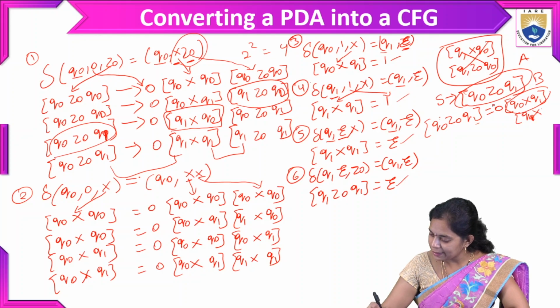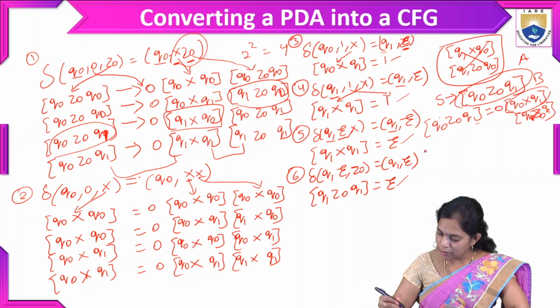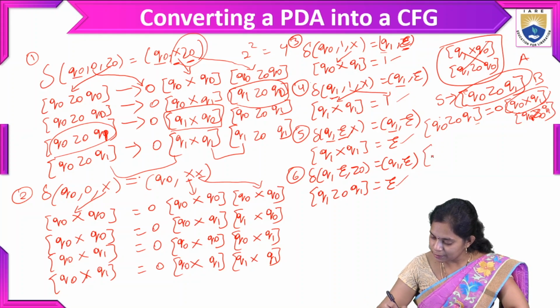So Q1 Z0 Q1. Here it's a combination of A and next the B value.